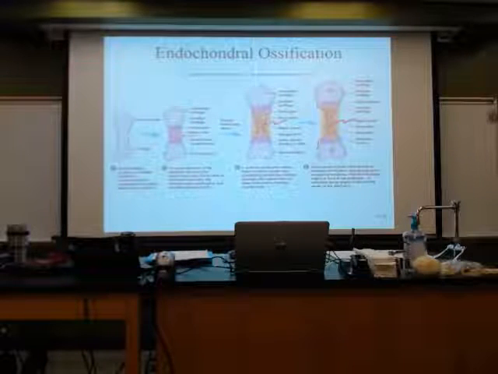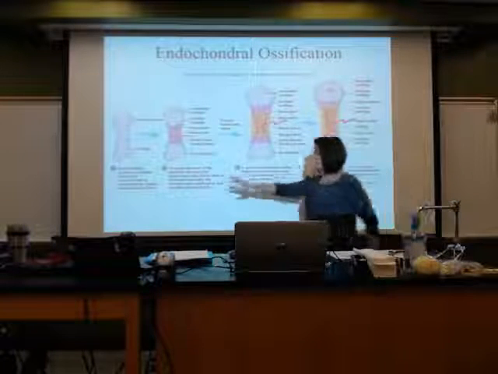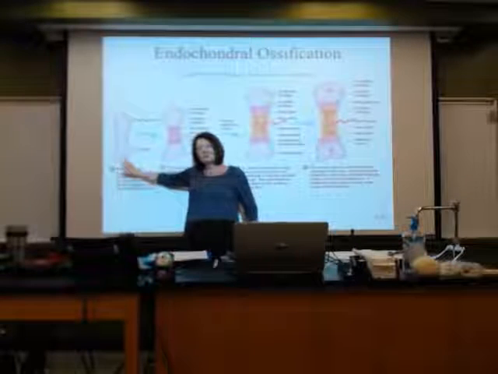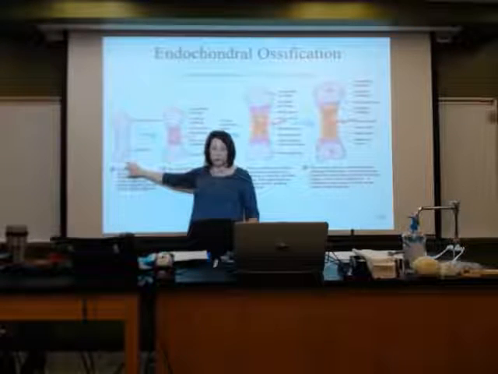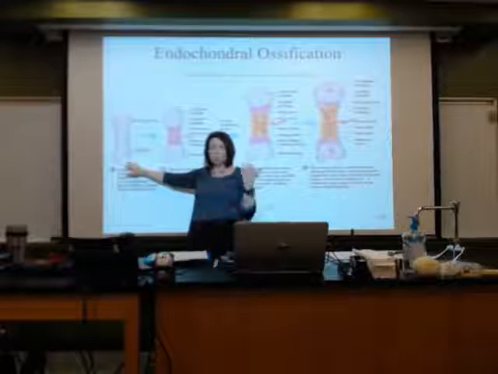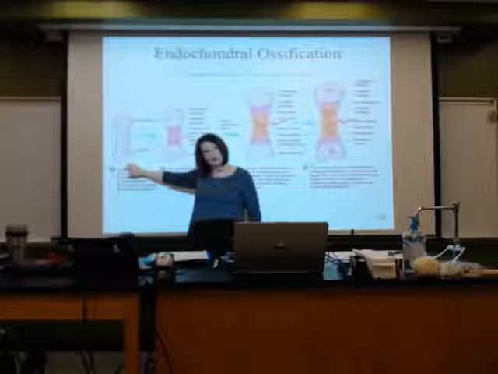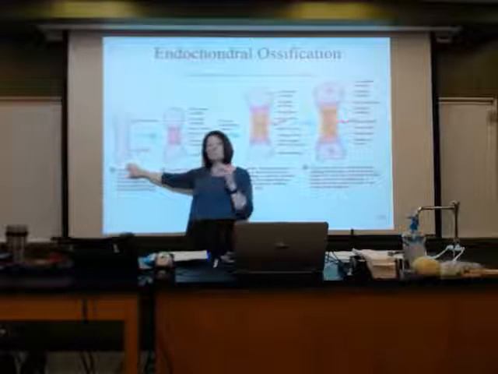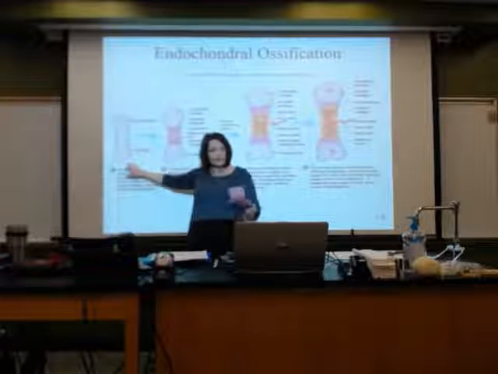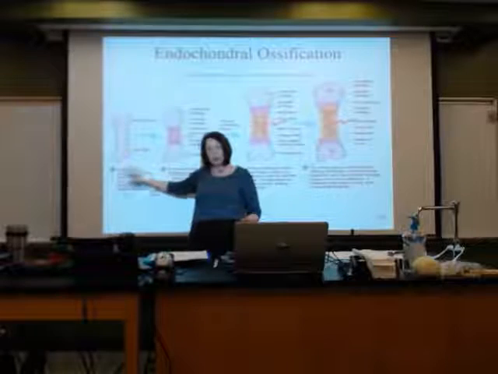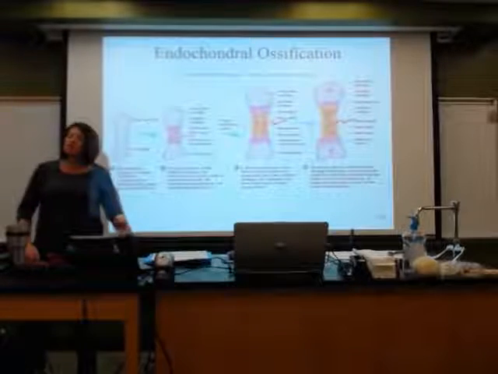Is everybody kind of with me now? So my cartilage is my blueprint. So in early development, because we said what, 4 to 5 weeks? We've already got the cartilage present that is showing centers of ossification. Now here's what happens.